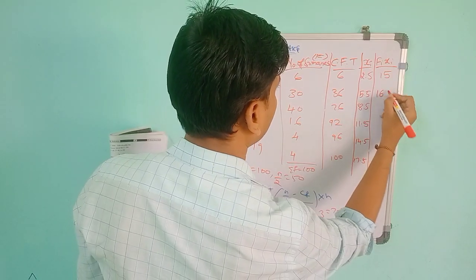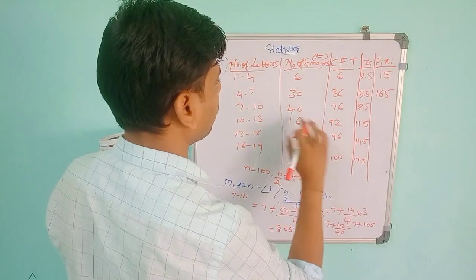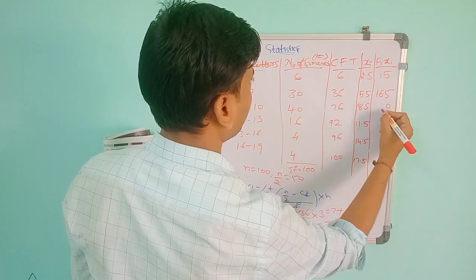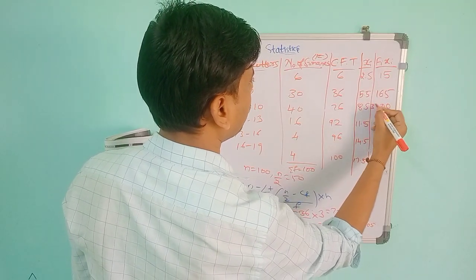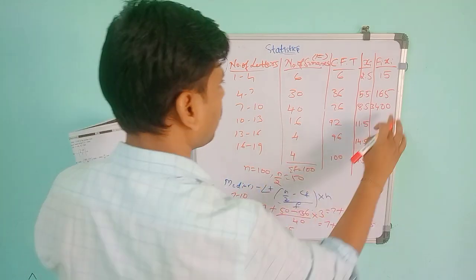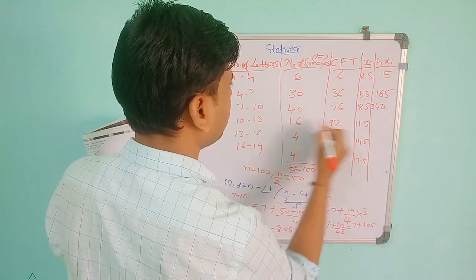Then 40 into 8.5: 40 times 5 is 200, 40 times 8 is 320, so this gives 340. Then 16 into 11.5.